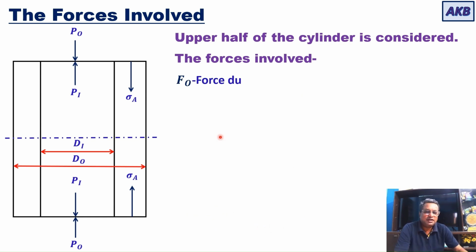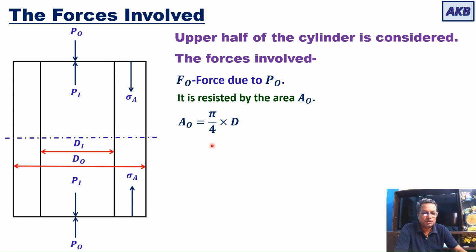Then the second force is Fo, which is due to the external pressure Po. And this force is resisted by area Ao, which is nothing but the cross-sectional area based on the outer diameter of the vessel. That is, Ao is pi by 4 into do square. Therefore, Fo, that is force due to Po, would be given by this equation.